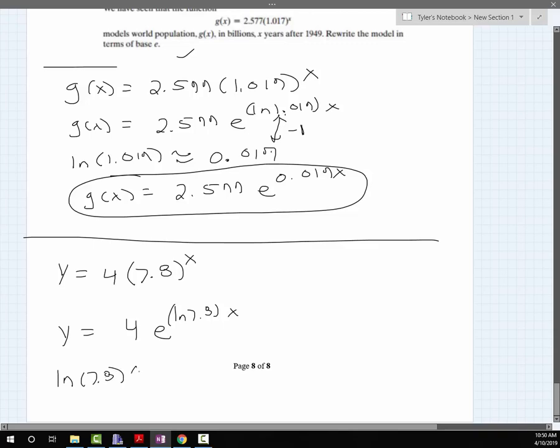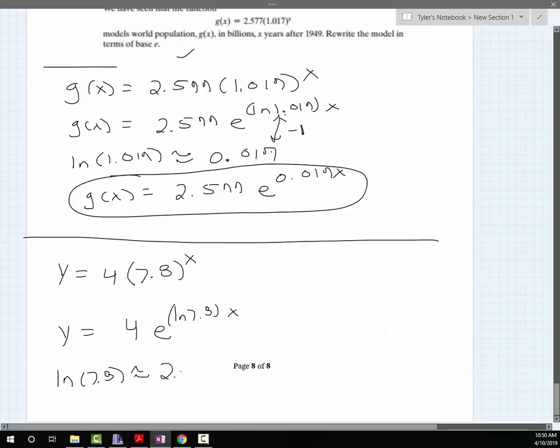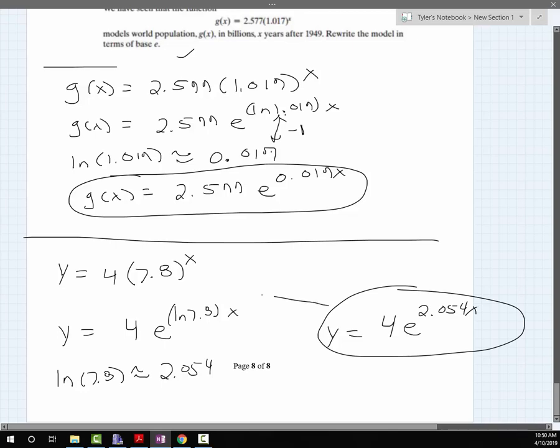Let's get an approximation so we can plug that in. The natural log of 7.8 is roughly 2.054, so we'll go to 3 decimal spots. So I can plug that in and get y equals 4 times e raised to the 2.054 times x. So these two equations are just rewritten with a different base.